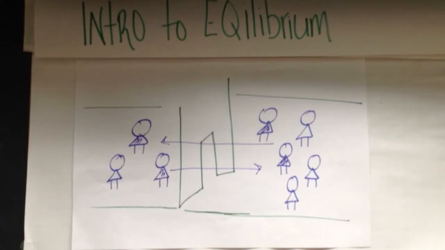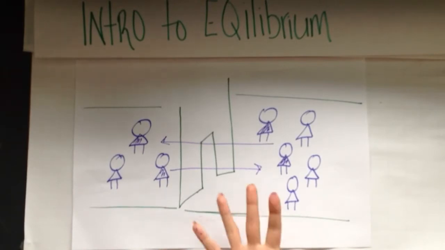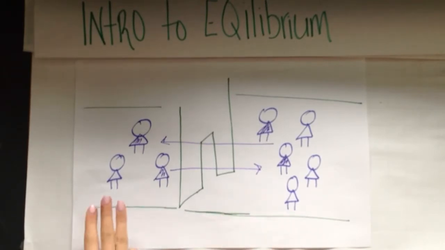And there's constant movement, constantly. Nobody's ever stopping. 2 will always go there in exchange for 2 going here. So what can we say? Well, even though there's 3 and 5 here, those 3 and 5 will always remain the same.